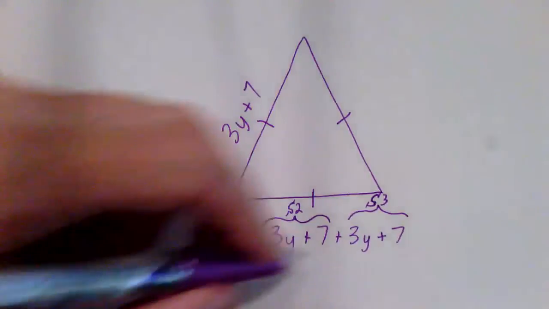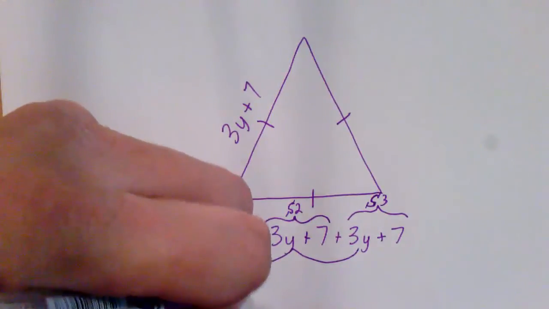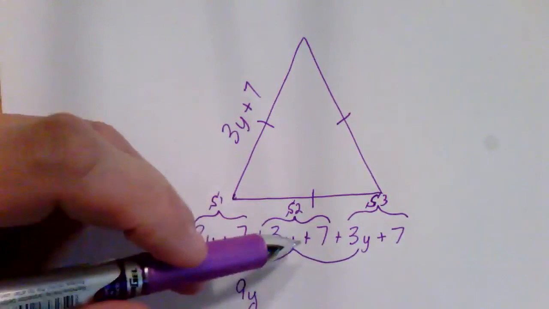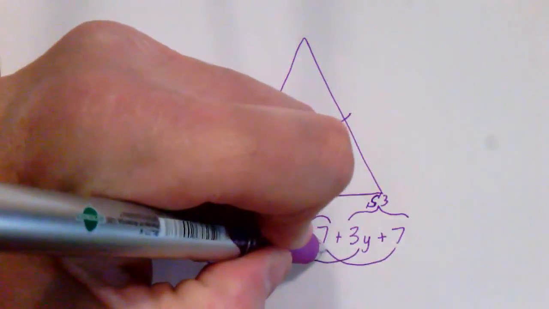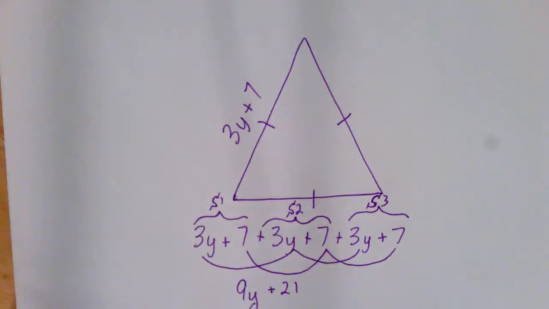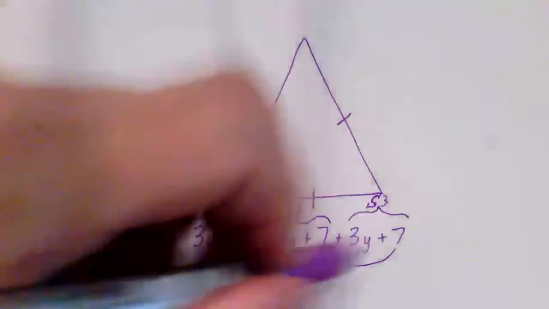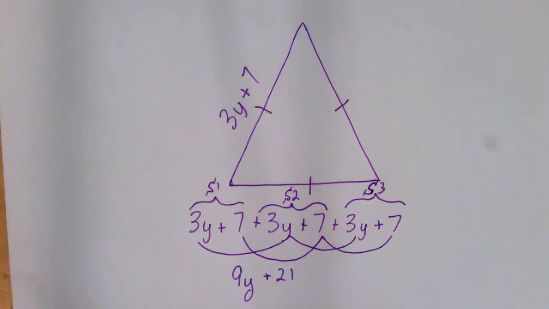If you combine all your like terms, which would be these 3 terms right here, you'd get 9y, right? 3y plus 3y plus 3y is 9y, and then 7 plus 7 plus 7 is a positive 21. So this triangle's perimeter simplifies to 9y plus 21.